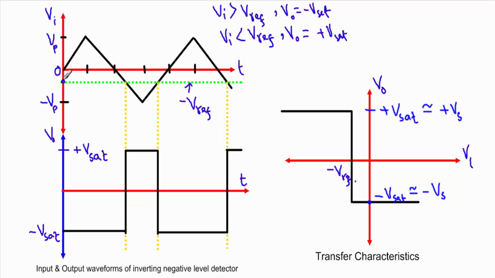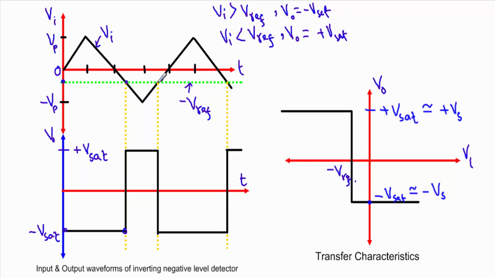From this point to this point, see, this is our applied triangular waveform Vi. Within this interval, input voltage Vi is obviously greater than this negative reference voltage. When Vi is greater than the negative reference voltage, our output voltage will be in the negative saturation region. See, from this point to this point, our output voltage VO is in the negative saturation region.